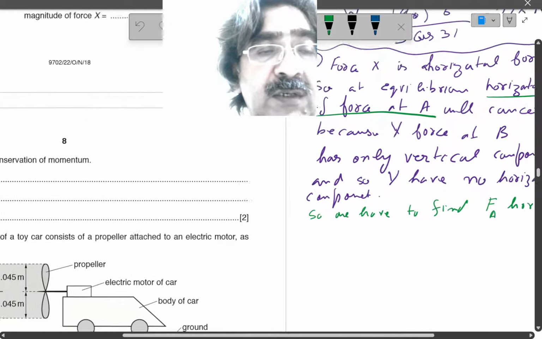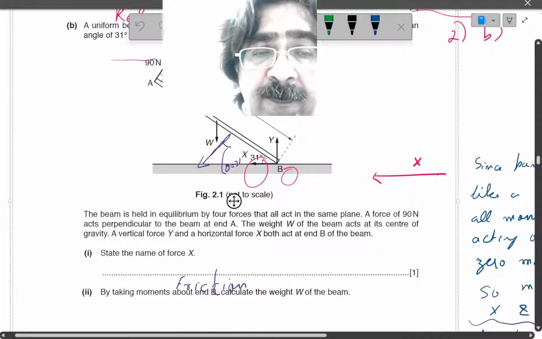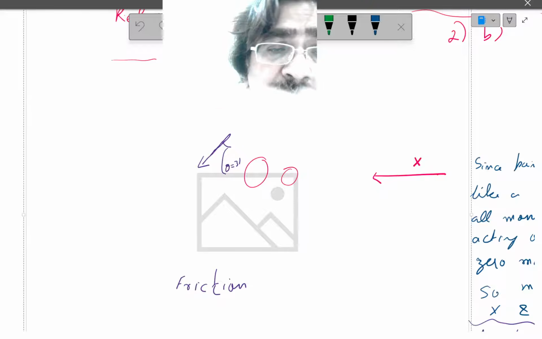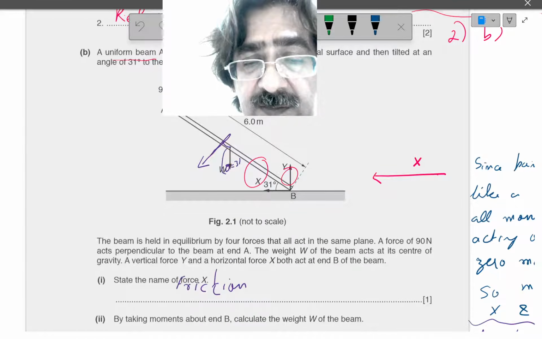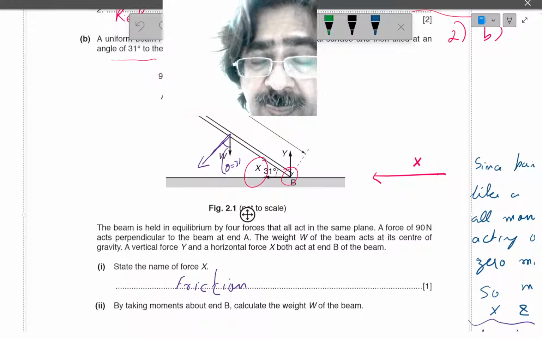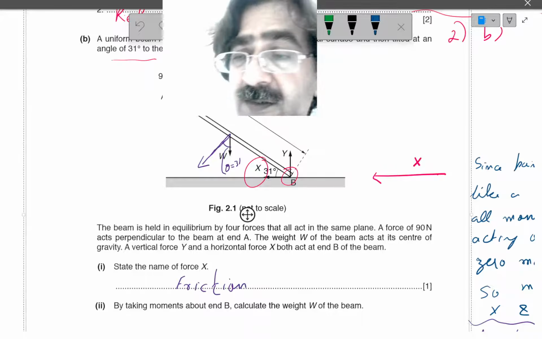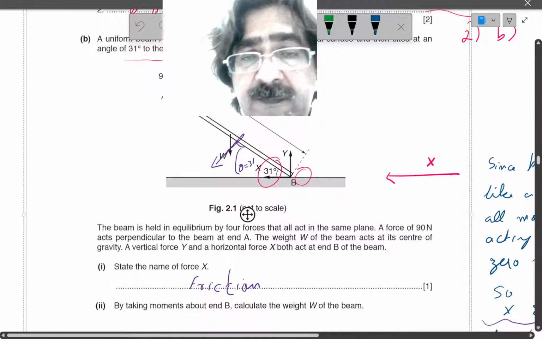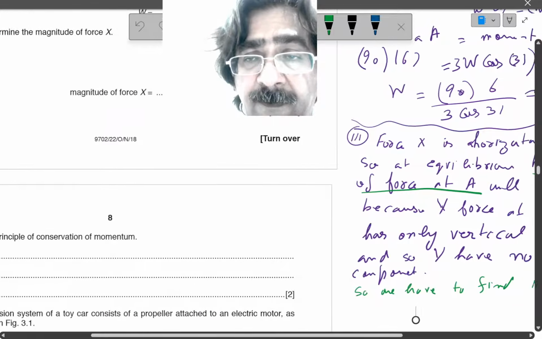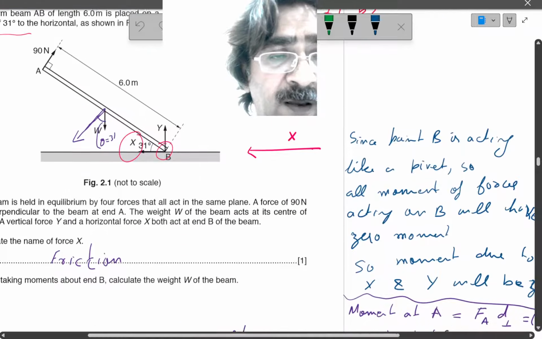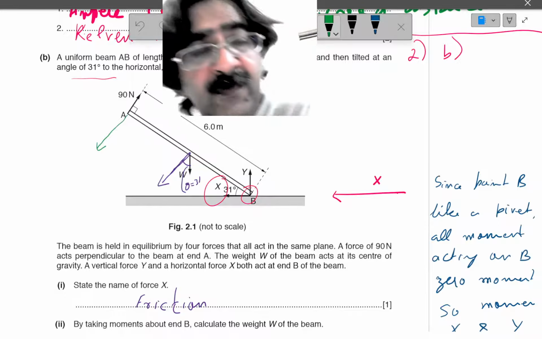So we have to find FA horizontal. Now we have to consider the horizontal component of this force.